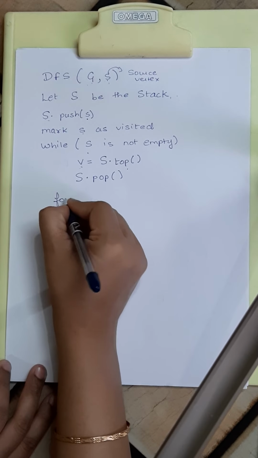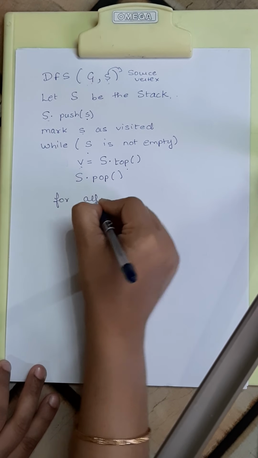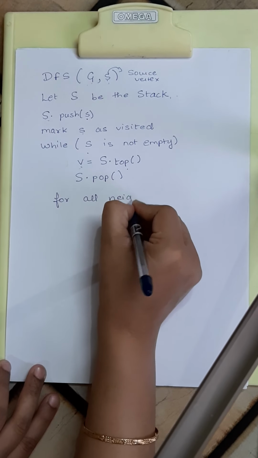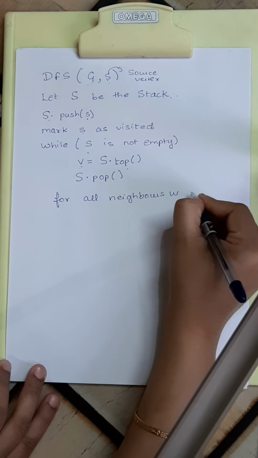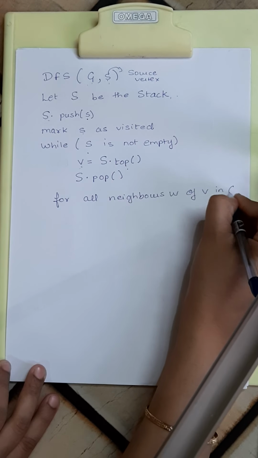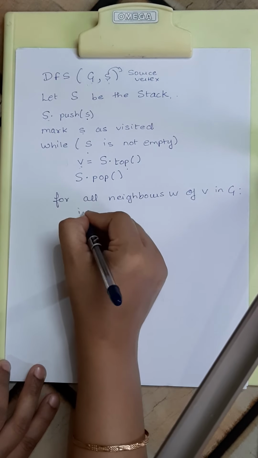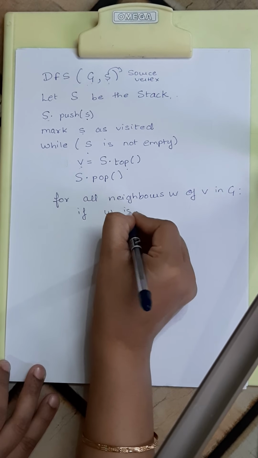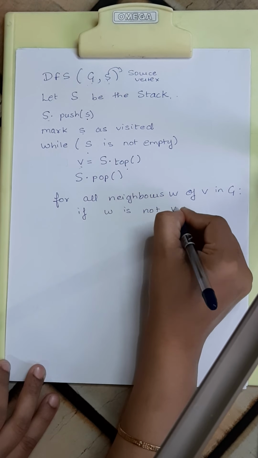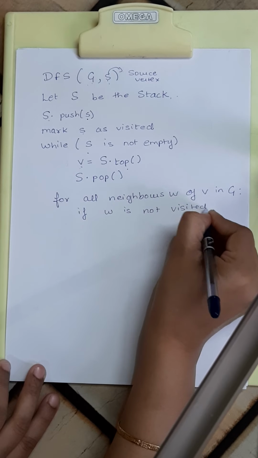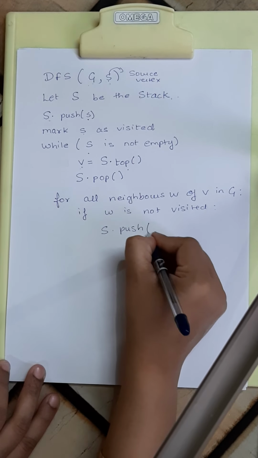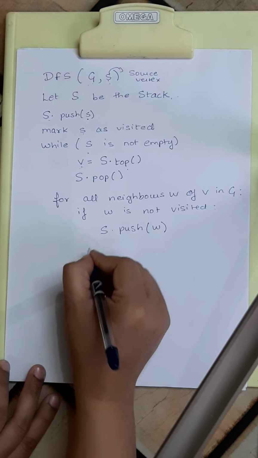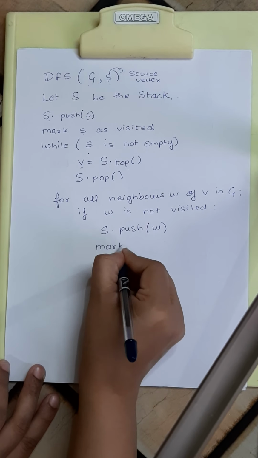And for that popped node, we'll check the neighbors. So for all neighbors W of V in the graph, if W is not visited, then simply push W in the stack and mark it as visited.